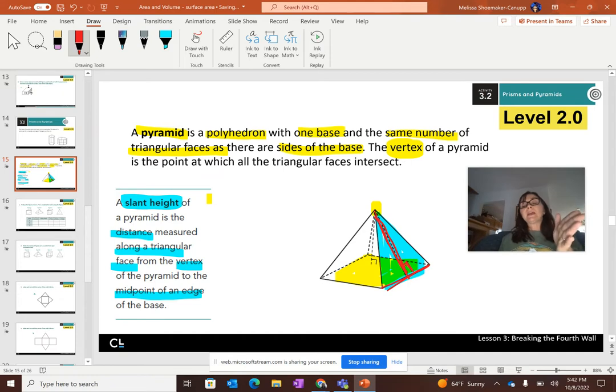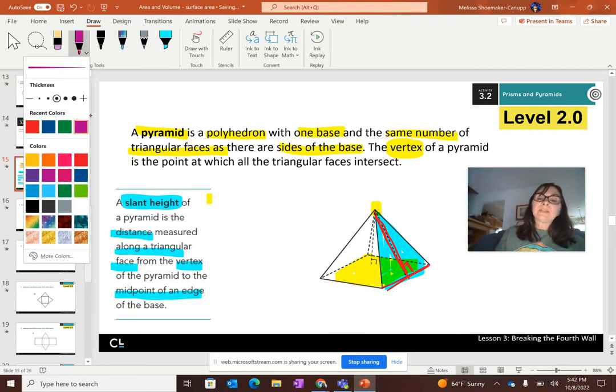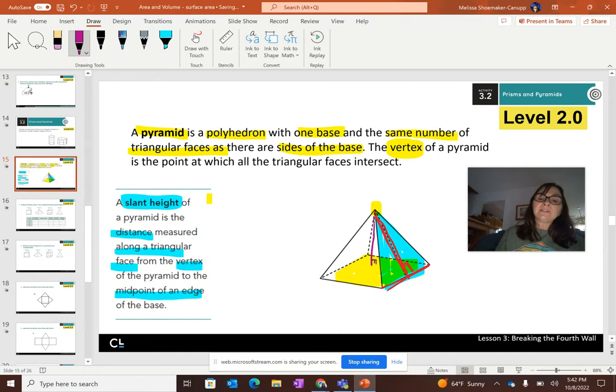We have to know that it's what you would be thinking about as the height when we're finding the area of that triangle, okay? The one inside, we can see this line here, that's the height of the whole entire pyramid. That is not what we're going to need to find the area of the triangle. We need the actual slant height, okay? Because we're working with surface area.